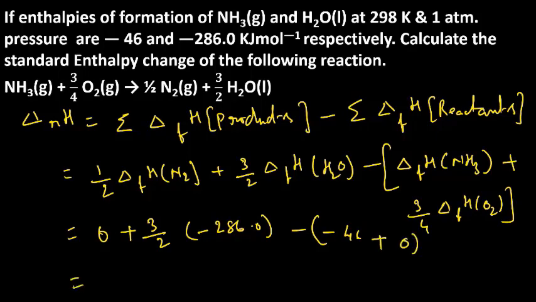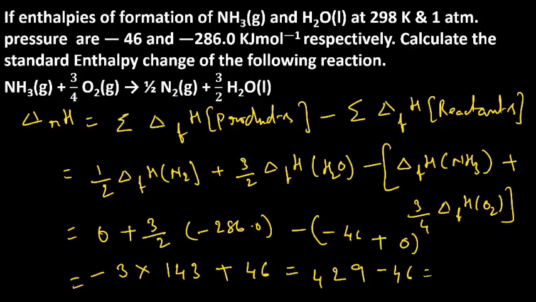So this is 3 into 143, minus of minus is plus 46. Working it out, the answer is minus 383 kilojoule per mole.